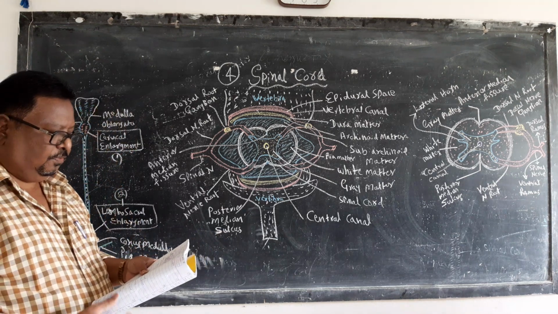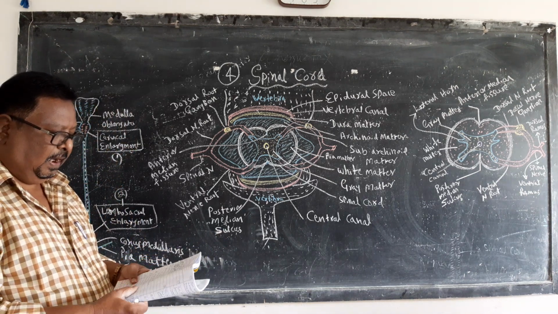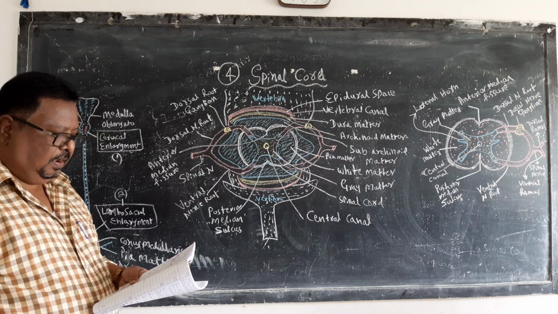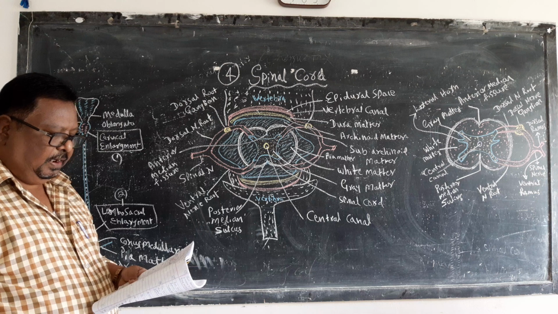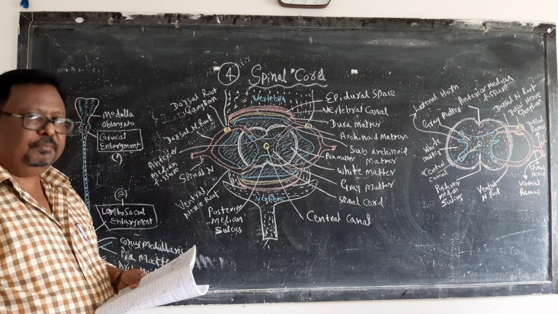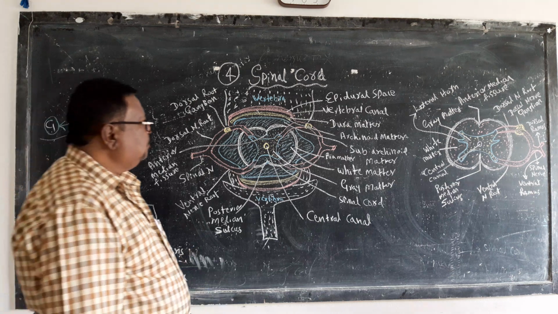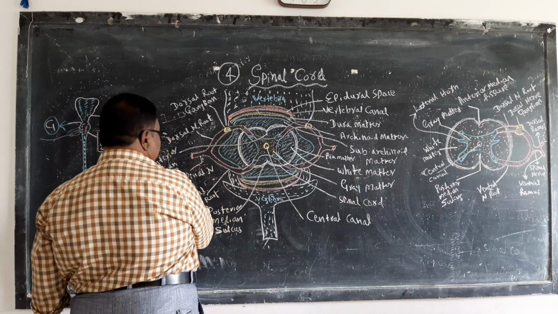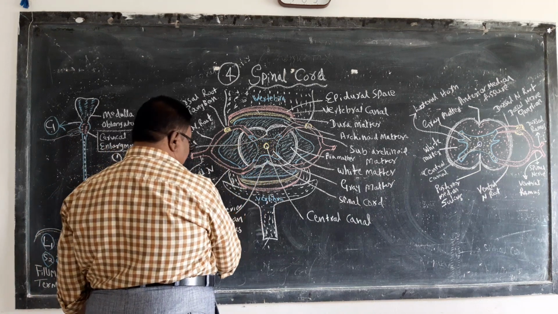The transverse section of the spinal cord shows that it is divided into two parts, anteriorly by the anterior median fissure and posteriorly by the posterior median sulcus.